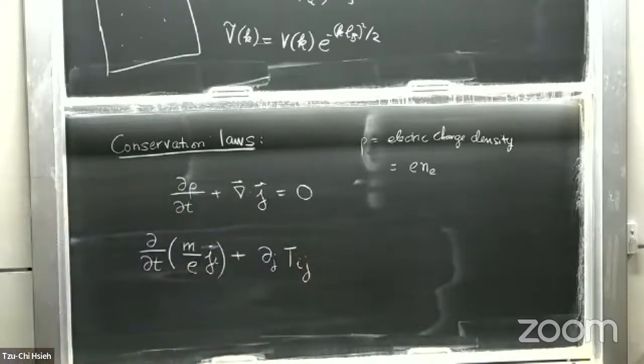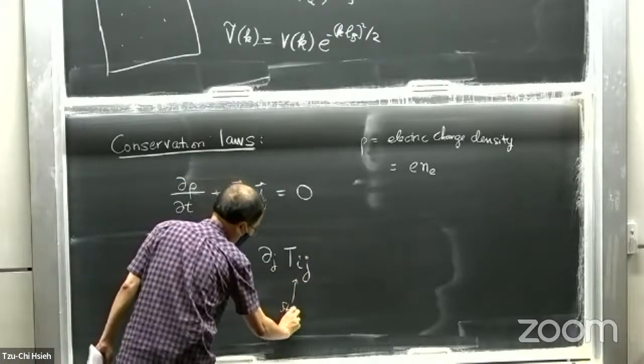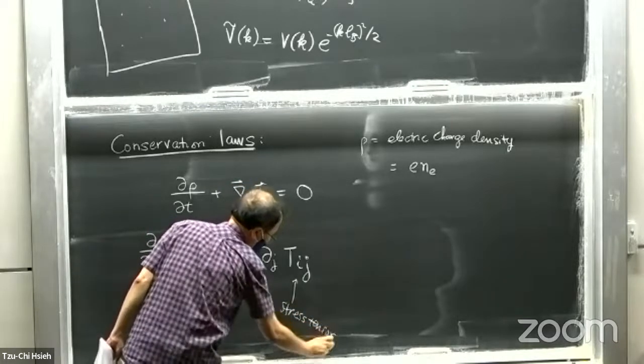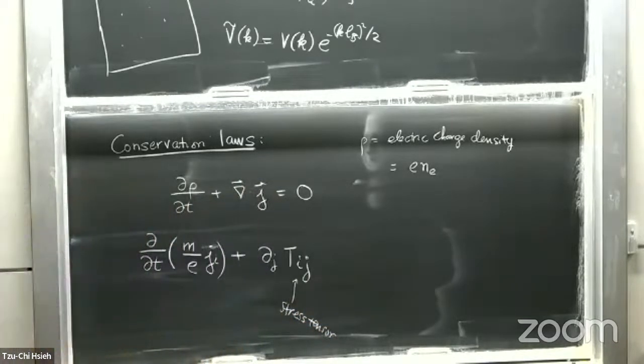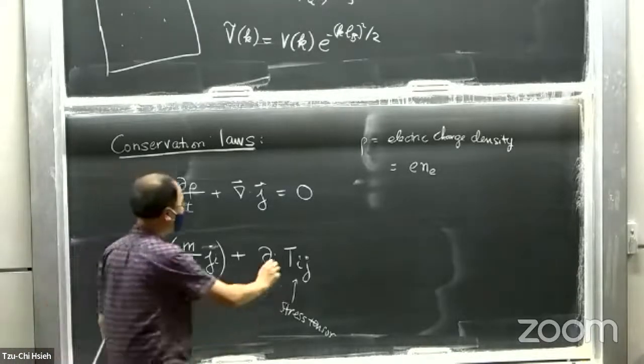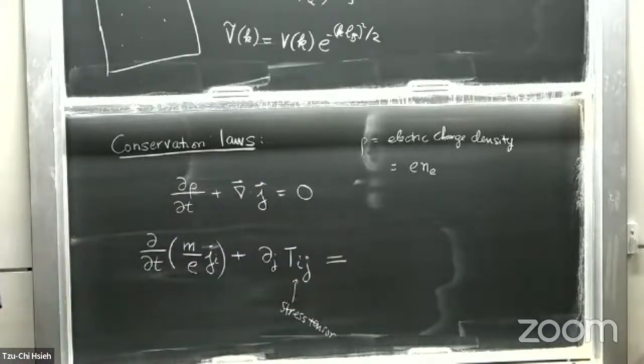I'm not sure if this is the standard notation for the stress tensor, but in gravity, GR for example, that's how the stress tensor is denoted. This is not equal to 0, but is equal to the total force acting on a unit volume.